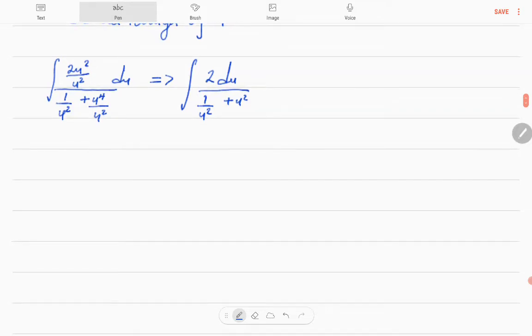And of course, this can be the integral of 2 du divided by u squared plus 1 divided by u squared.